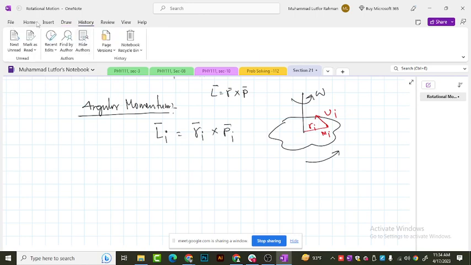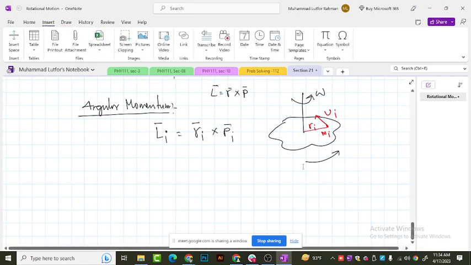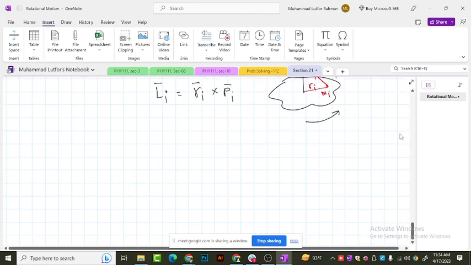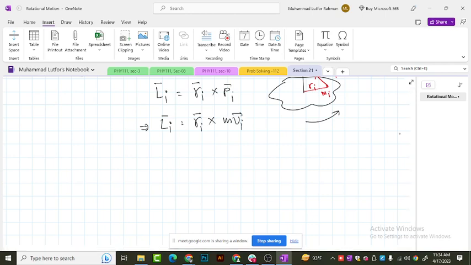Let's say I want to find the total angular momentum for this solid object or solid system. Then I need to do a little bit more over here. I can write this as ri cross mi vi, because I know the definition of linear momentum, m times v, and I just replace it in that way.